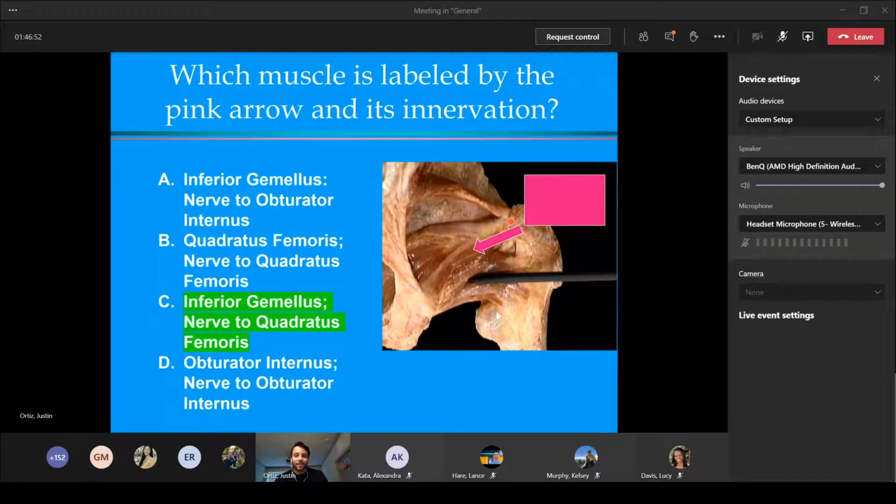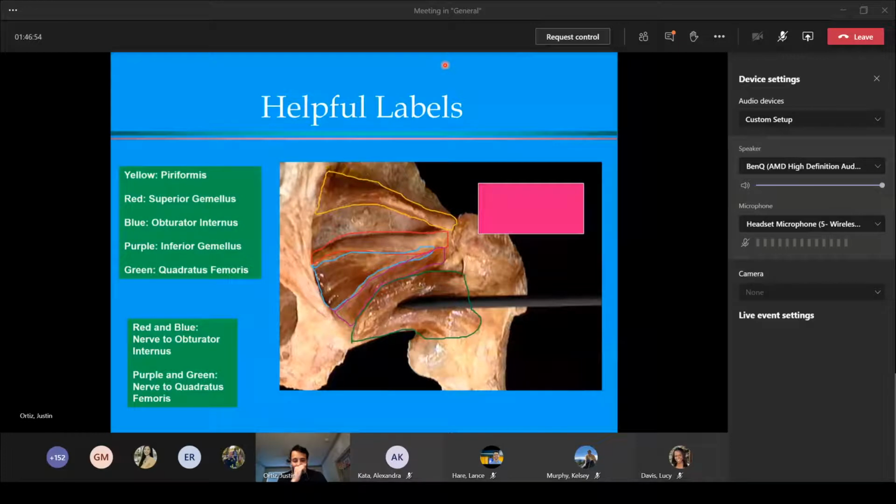So I put this right here to help you identify which muscles are which. The yellow right here is piriformis. This red right here is superior gemellus, this little muscle right here. This little light blue one is obturator internus.